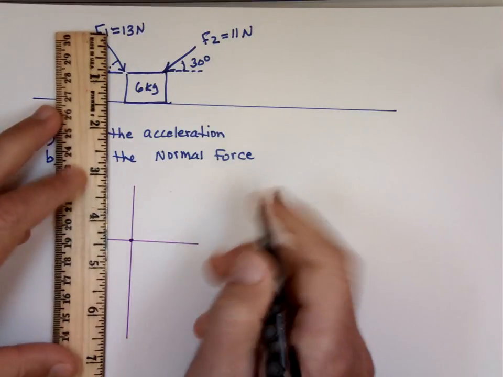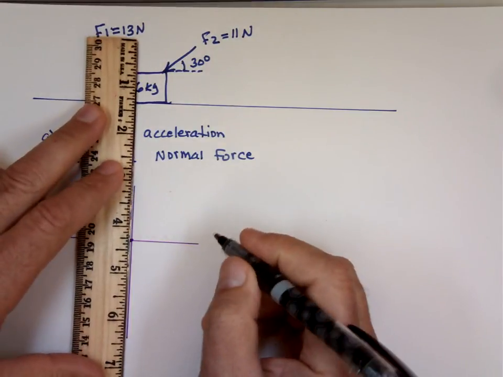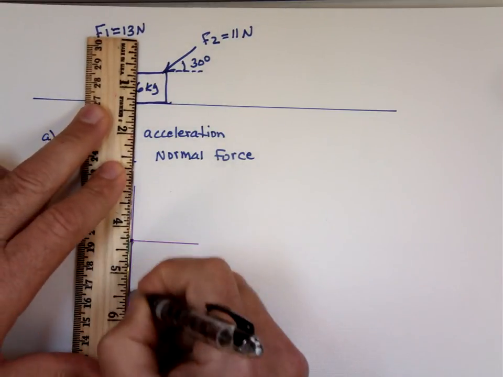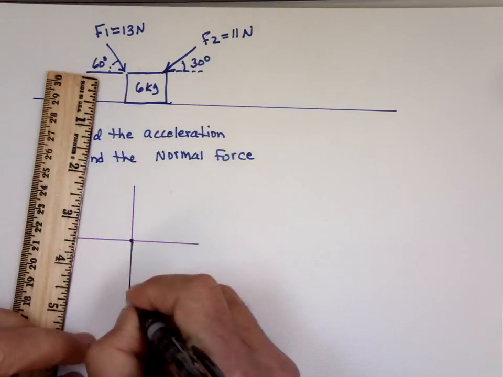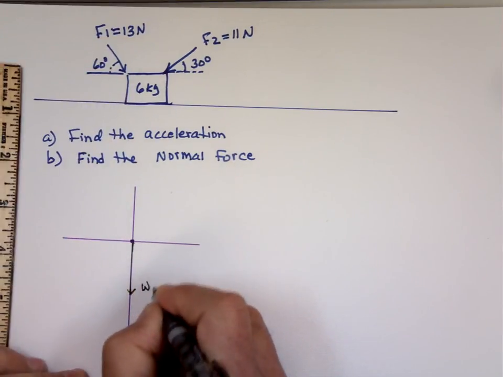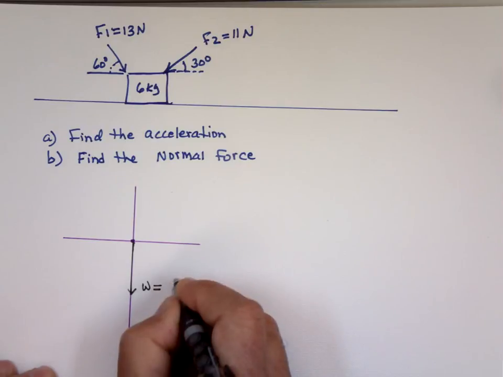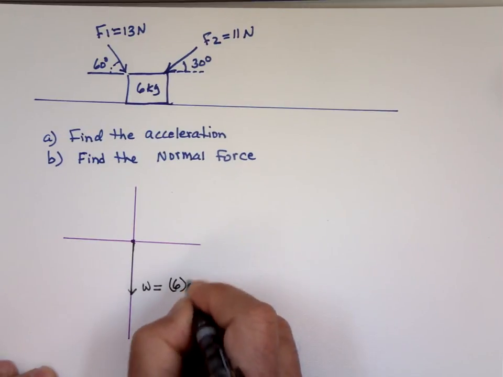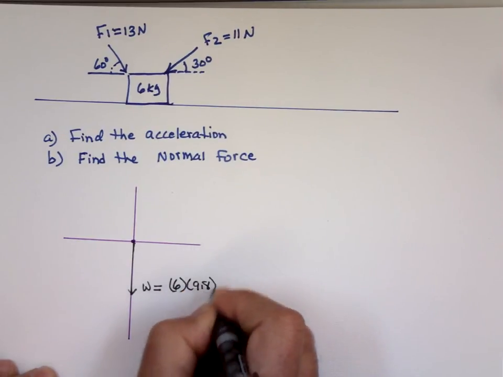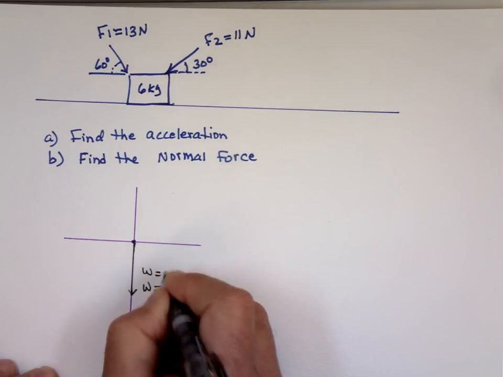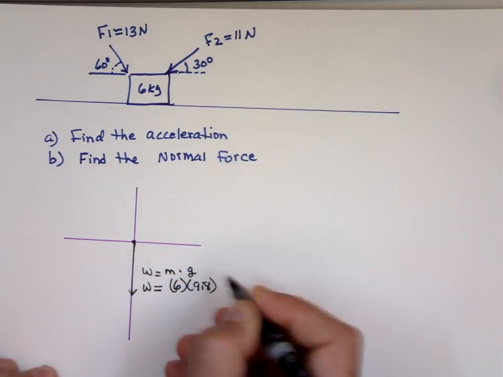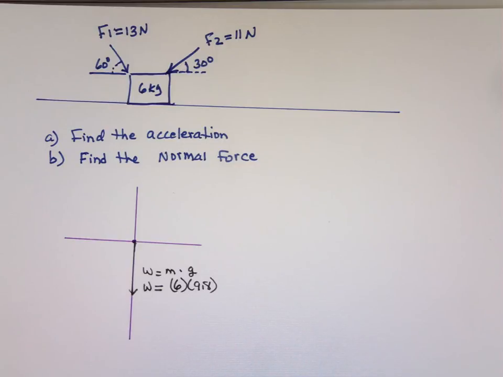We have the weight straight down, right? Which equals 6 kilogram, the mass, times gravity. 6 times 9.8, it's what, 58.8?